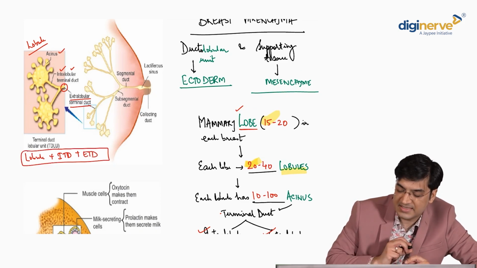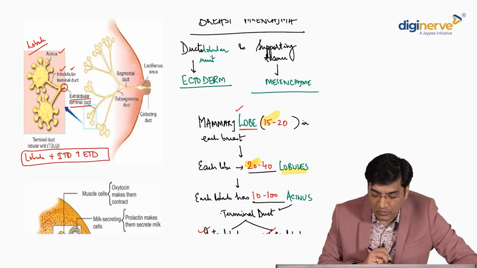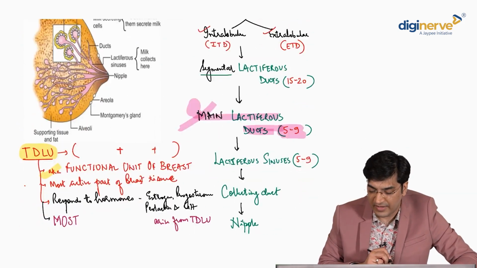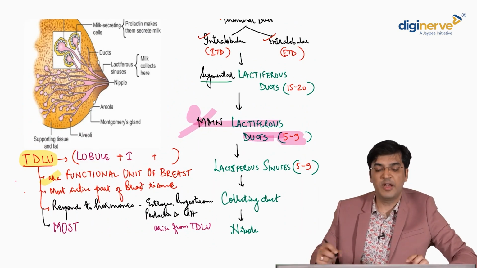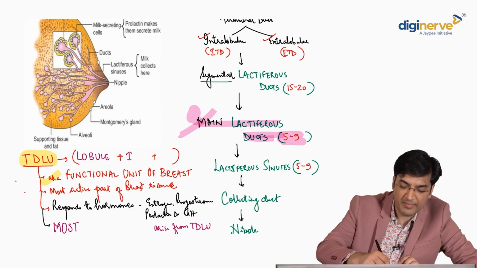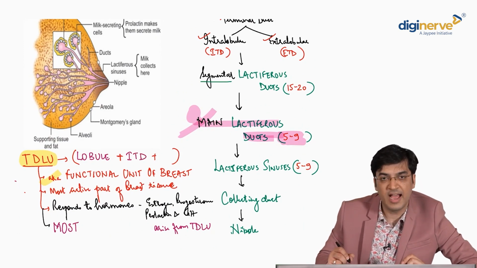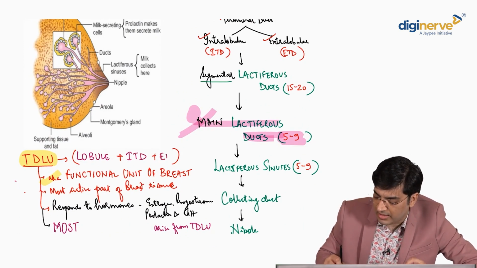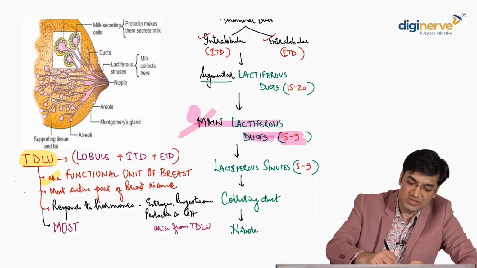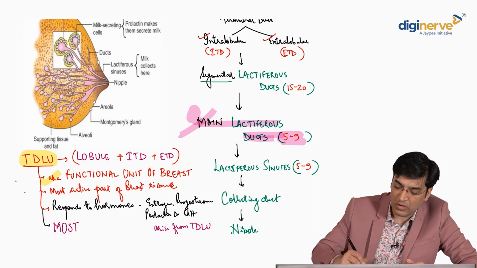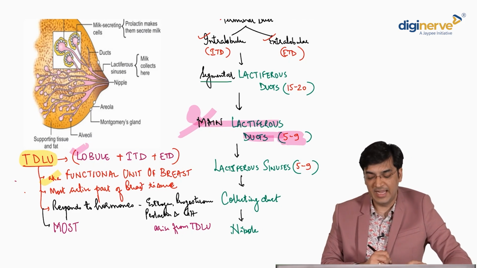Got it? This is your TDLU, terminal duct lobular unit. So we will fill it up here as well. It is made up of lobule, and what two other structures? Intralobular terminal duct and the extralobular terminal duct. So this also can be asked in your examination. What are the components of TDLU?